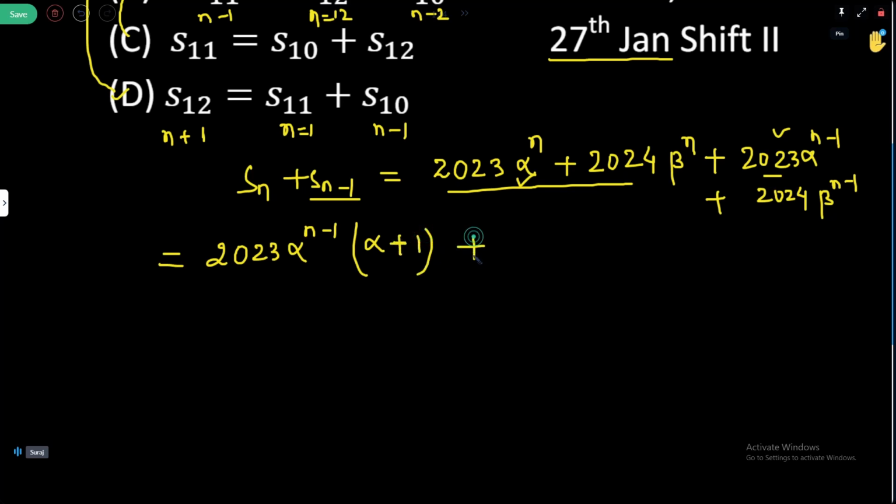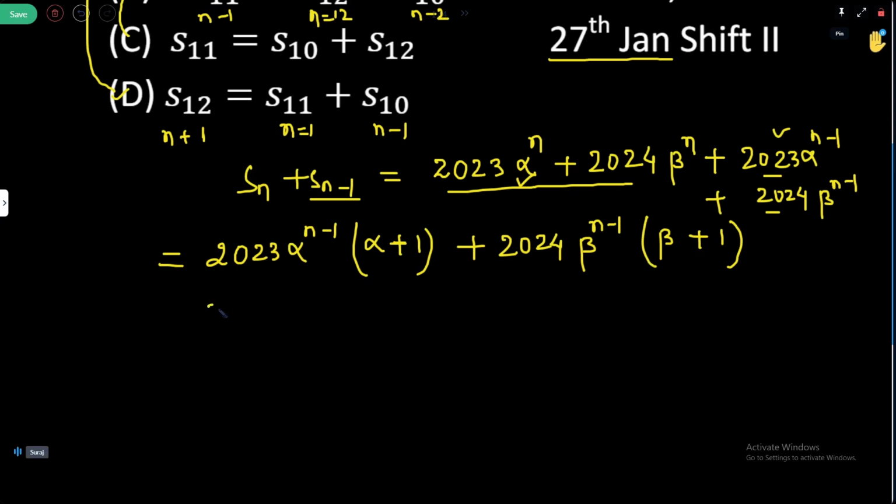Same process for beta, 2024 beta to the power n minus 1 will be the common factor. So here you will get beta, here you will get 1. Simply rearrange this equation and take out factors. Now alpha plus 1 and beta plus 1.